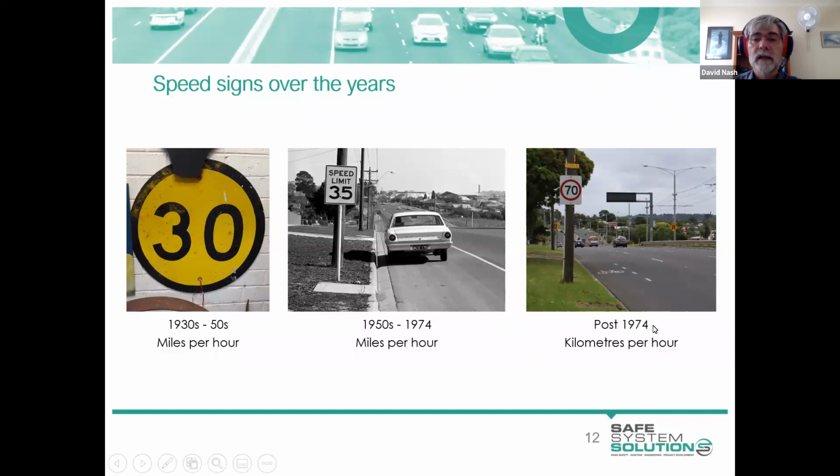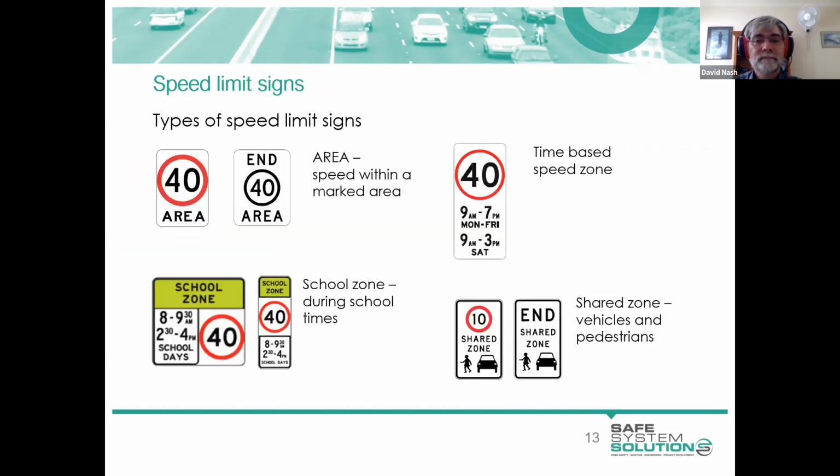But around about 1974, these standards were changed to adopt the red circle idea, which is actually borrowed from European conventions. And that's what we now have. Both of those pictures, by the way, are taken on Burwood Highway at around about the same place, so there's a bit of a before and after.